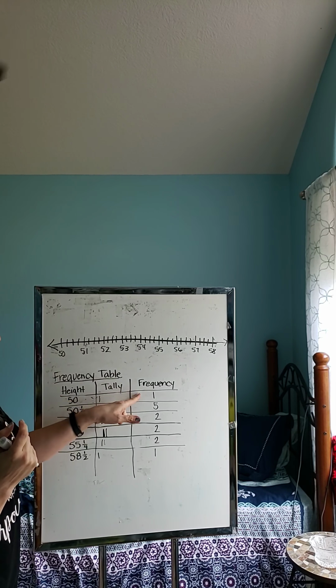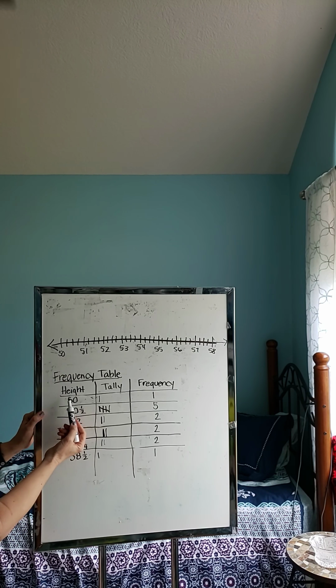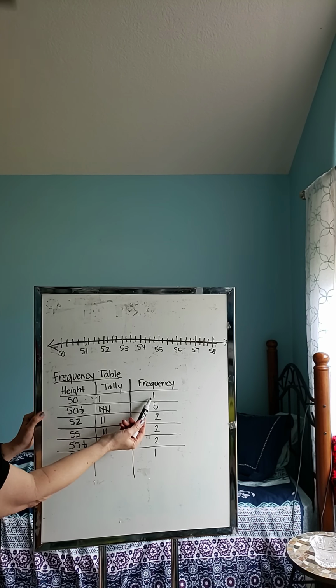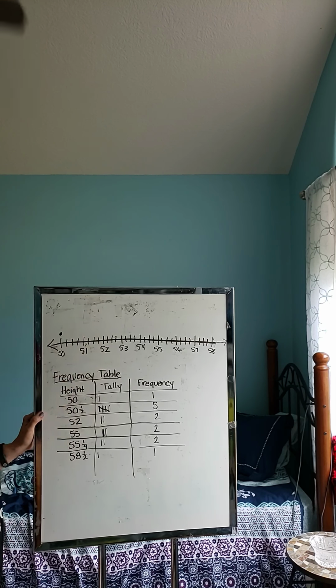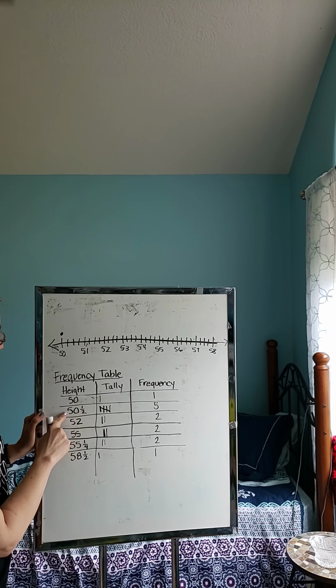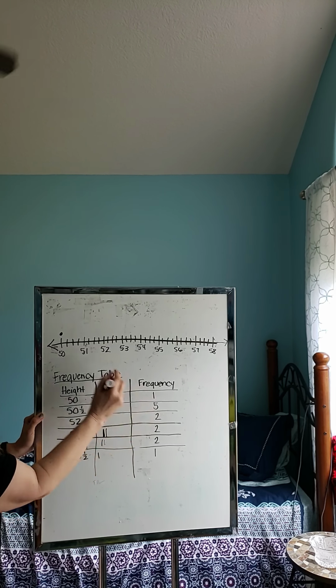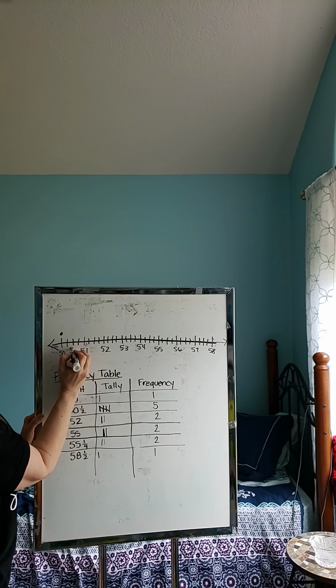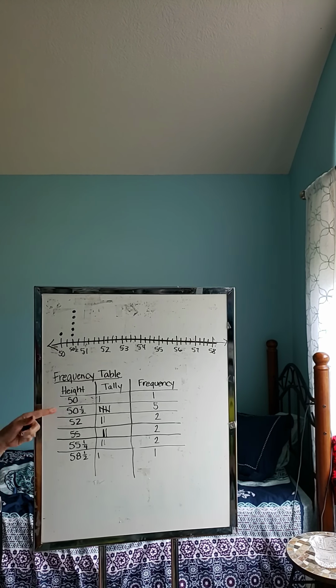So 50, how many X's or dots would I put over the 50 inch? If you said 1, you're right, because one person in this 5th grade class is 50 inches tall. How many dots or X's would I put over 50 1/2? 5. Here's 50 1/2, 1, 2, 3, 4, 5. 52.